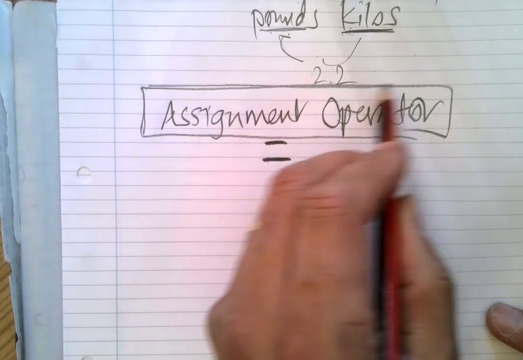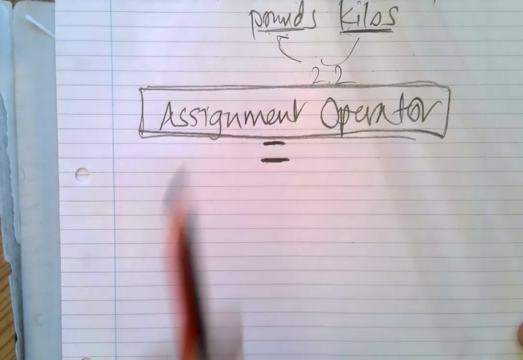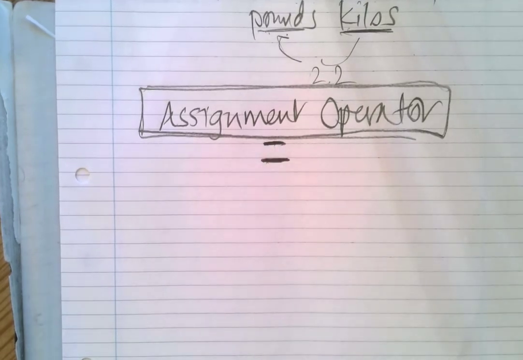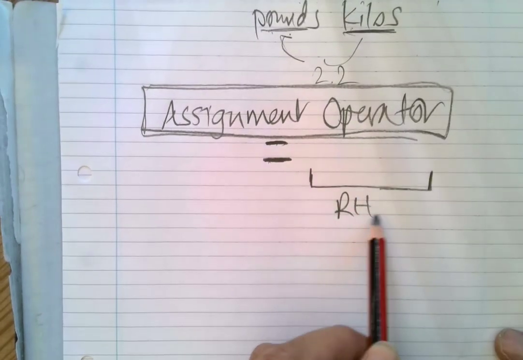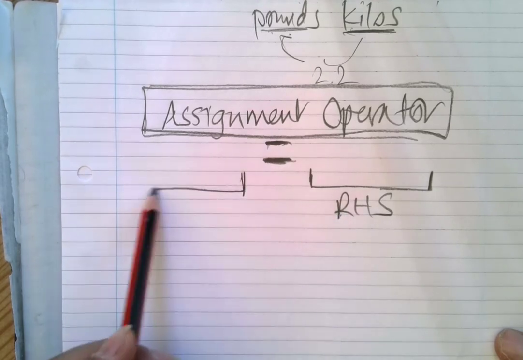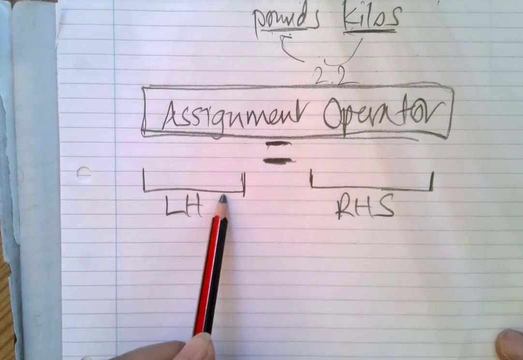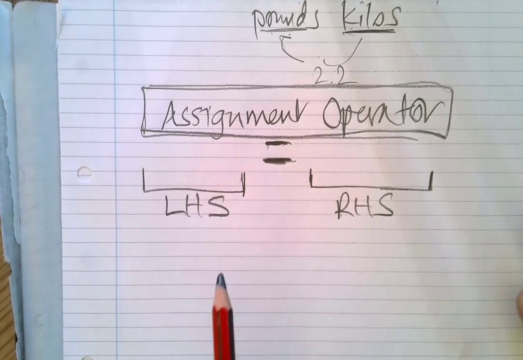And I say to you, well, because it does something different. It's part of a process. If you remember the previous video, I said to you, look at what happens on the right-hand side of this operator. Then look at what's on the left-hand side of this operator. It's a very important way of understanding how code works.